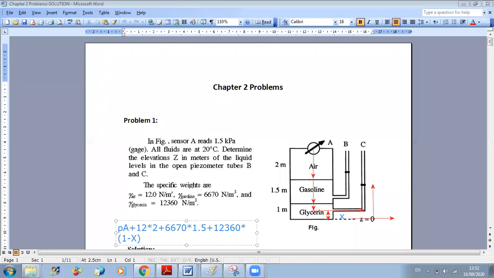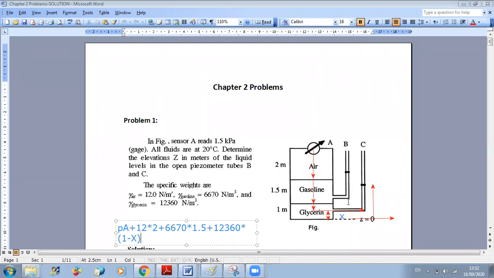You will see it in the other problem. But in general, when you have the fluid and you are moving down in it, then up in it, you say it's directly negligible. But here it's a little bit tricky because you are not moving in the fluid and then going up. It's a little bit different. You have a tube, but at the end, what you are saying is true. This will cancel out.